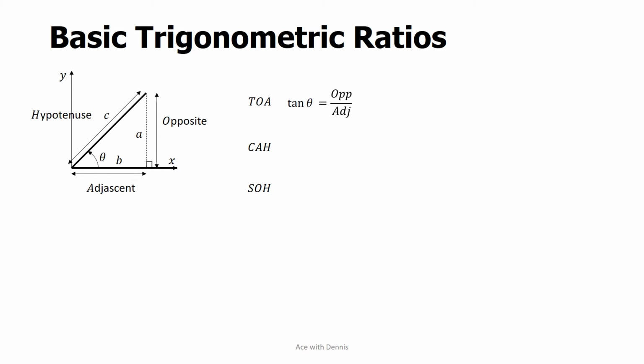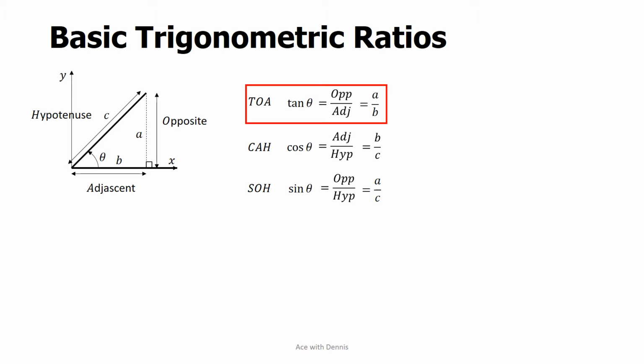And based on this diagram, it equals A over B. Cah means cosine theta, which equals adjacent over hypotenuse, and from this diagram, it equals B over C. Soh means sine theta equals opposite over hypotenuse, and it equals A over C based on this diagram. So, you can remember these formulas easily with the abbreviation of toa, cah, soh.